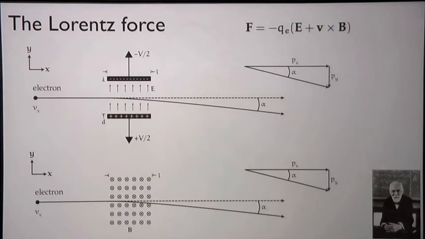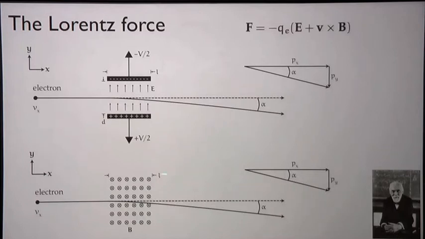Now here, it's proportional to the electric field, but it's times the cross with the magnetic field. So let me explain what that means. So if you had two charged plates here, you have an electron which has a negative charge, you have a positive charge here and a negative charge here. As the electron goes by, there's an electric field here and it's attracted to the positive plate. Minuses attract pluses, right? And you bend the electron's path.